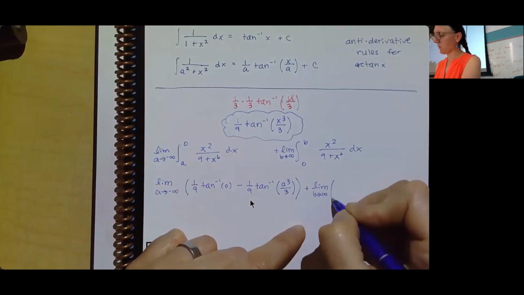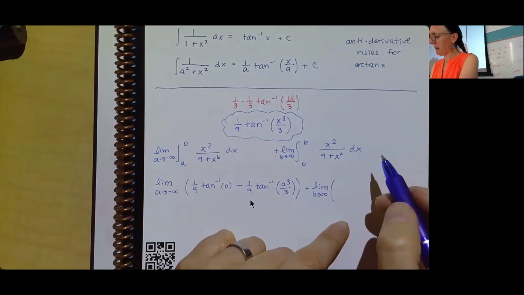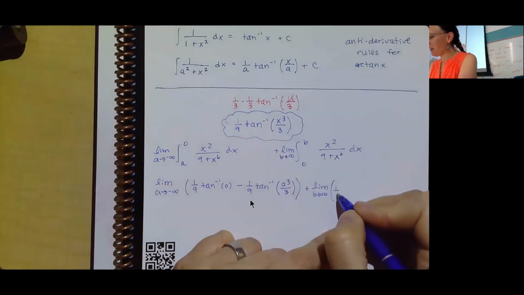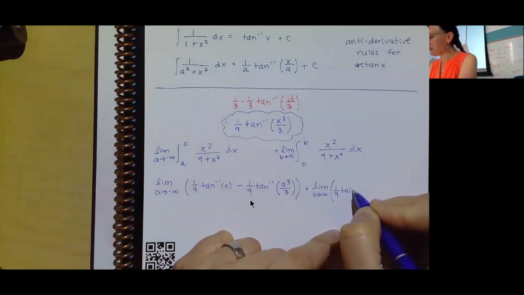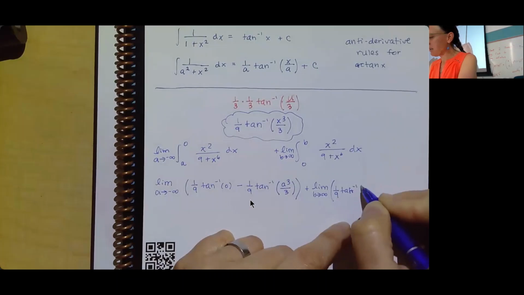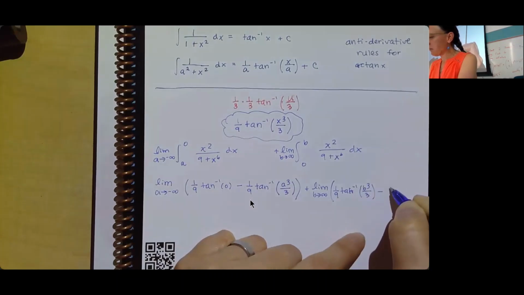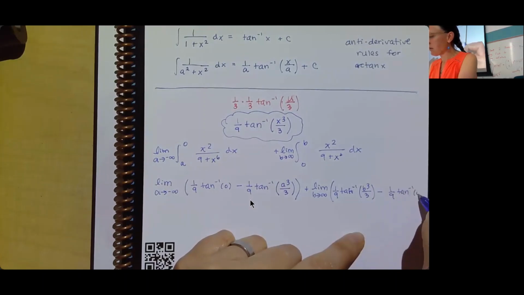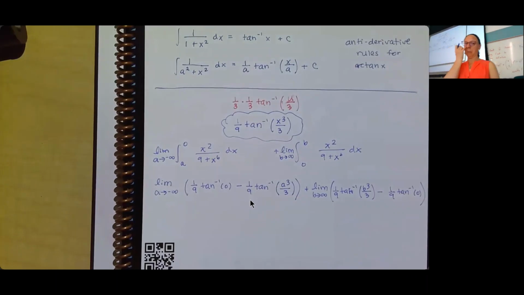I am somehow going to squeeze this all in. I'm going to put b in first. So 1/9 tan inverse b cubed over 3 minus 1/9 tan inverse of 0. Okay.